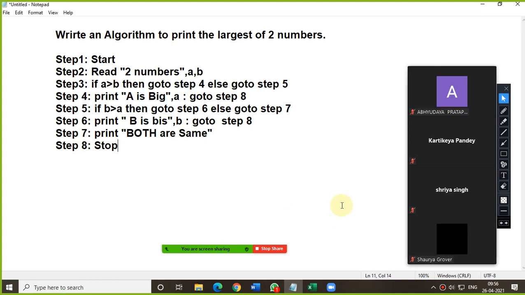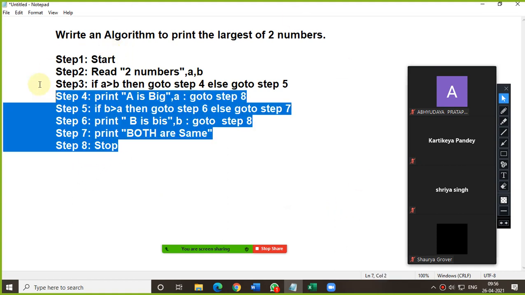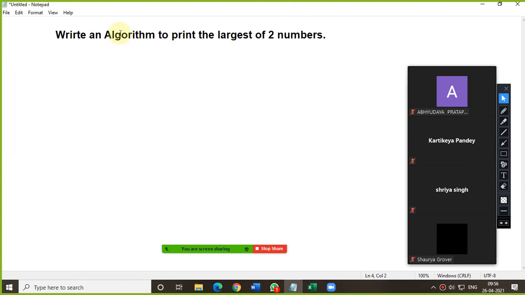Okay, sir, thank you. Okay, so just try one more question. The question is there on your screen, everybody. Please look here. I am going to type, and by the time you can also type. Write an algorithm to print the absolute difference of two numbers.